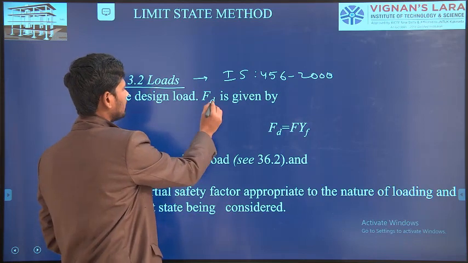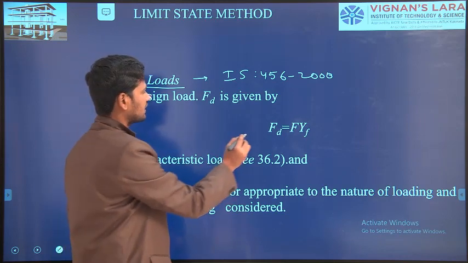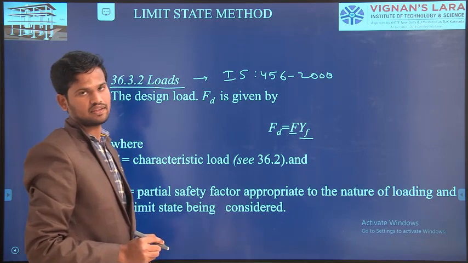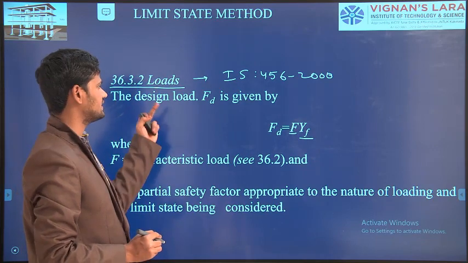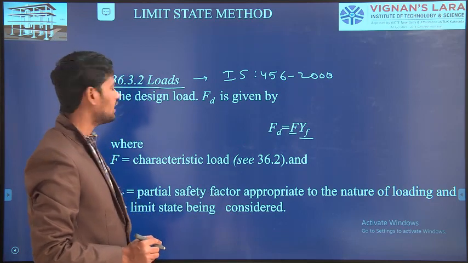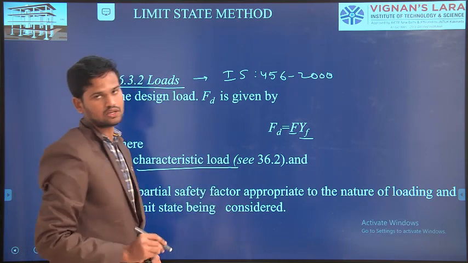The design load fd is given by fd equal to f into gamma f, where f is called the characteristic load.